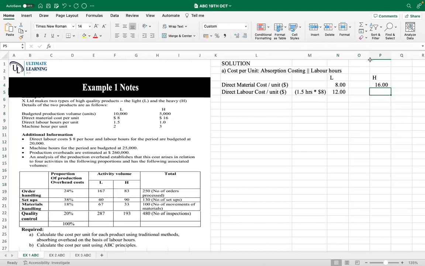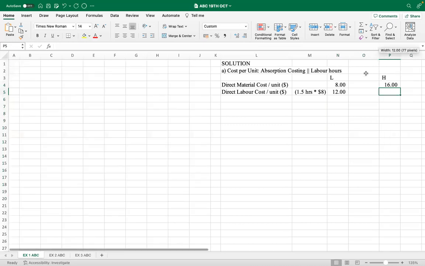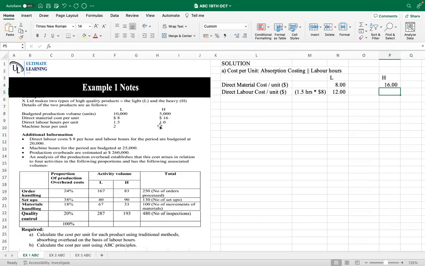Okay? And on this other side, we have 1 hour times 8. Remember, I want to get the labor cost per unit: 1 hour times $8 per hour. So that gives you 1 times 8, so it gives you 8 again.